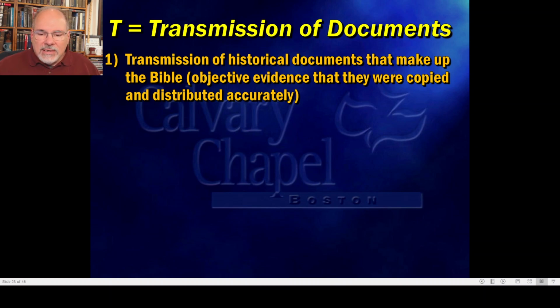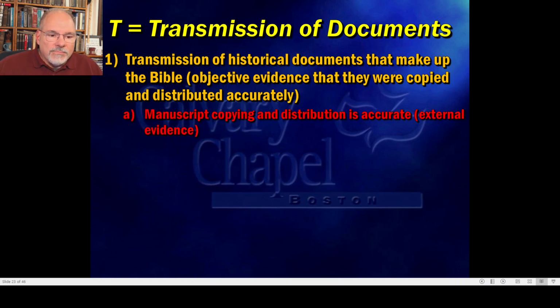It was in Judea, Asia Minor, Europe, North Africa. So there was a much larger geography to cover and to get the copies of what the New Testament was to those churches. So manuscript copying and distribution is accurate, and we know that.